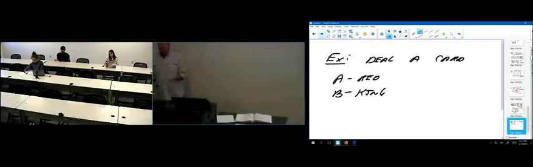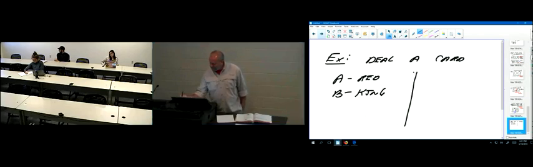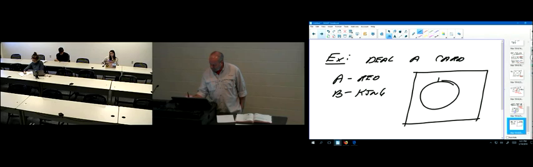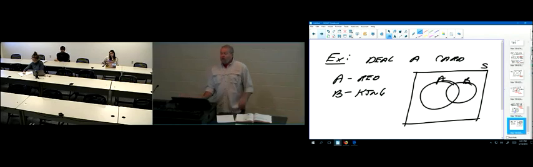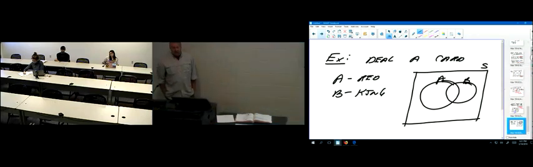Okay, how would I fill in a Venn diagram here? Well, my Venn diagram will look like this. Your sample space consists of all 52 cards. I've got 4 regions to fill in, a 1, 2, 3, and a 4 on the outside there, right? The same 4 I had labeled before.